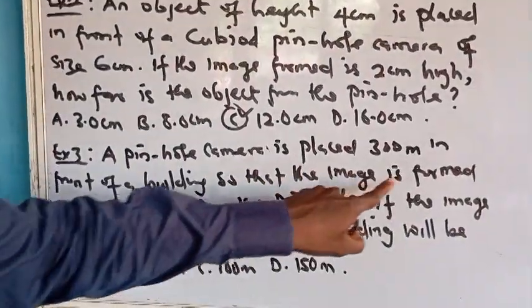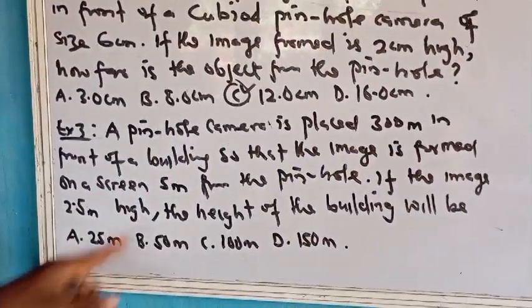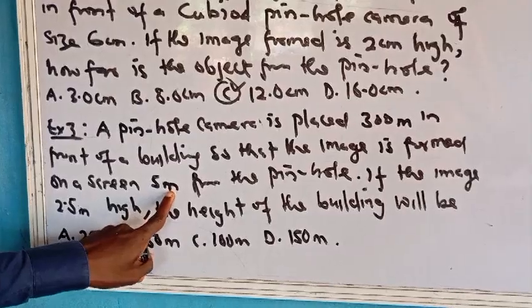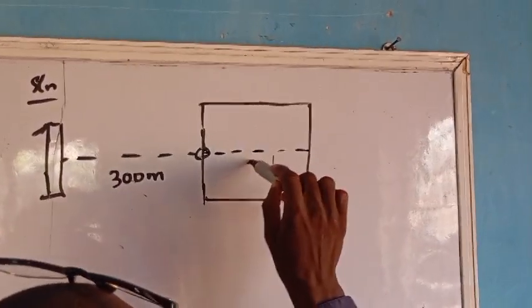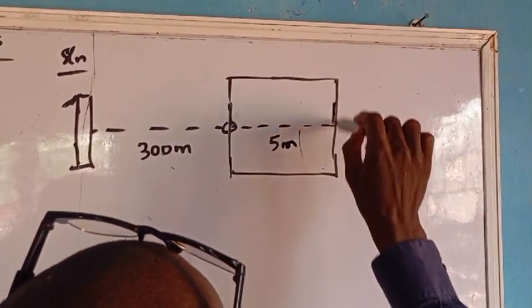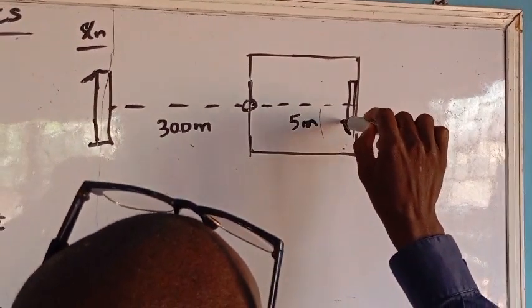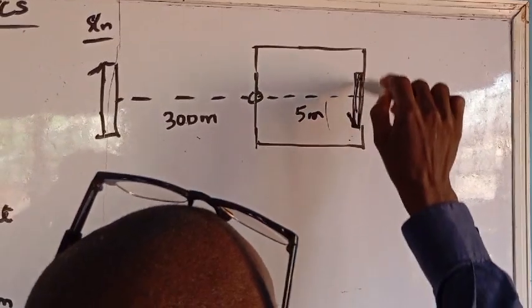So that the image is formed on a screen 5 meters from the pinhole. Now, if we say the image, look at where the image is, 5 meters from the pinhole. This is the image of the building. Look at it here. We have it like this now.